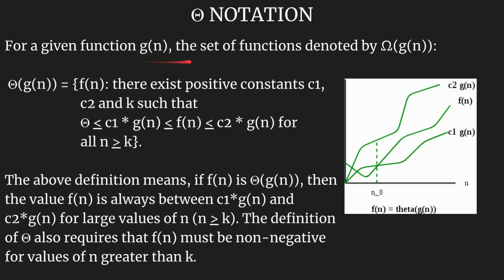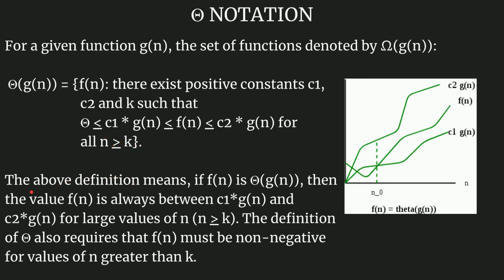For a given function g of n, theta of g of n can be defined or denoted by a set of functions f of n such that there exist positive constants c1, c2 and k in such a way that 0 is less than or equal to c1 into g of n, less than or equal to f of n, less than or equal to c2 into g of n, for all values of n greater than or equal to k.